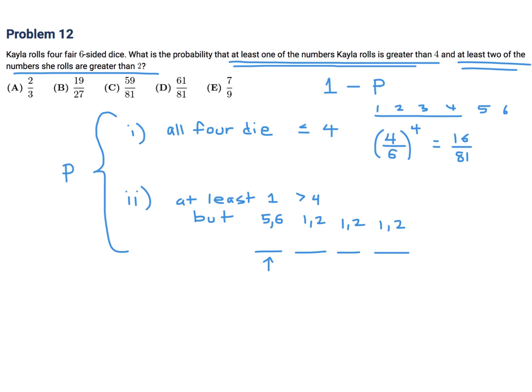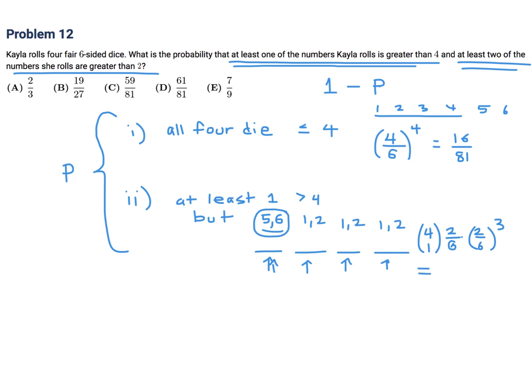So the probability of this scenario happening, well, this guy is 2 out of 6, and these guys are also 2 out of 6. And then this can happen either here, here, or here. So from those 4, we have to choose one of those dice to be the one that's greater than 4.